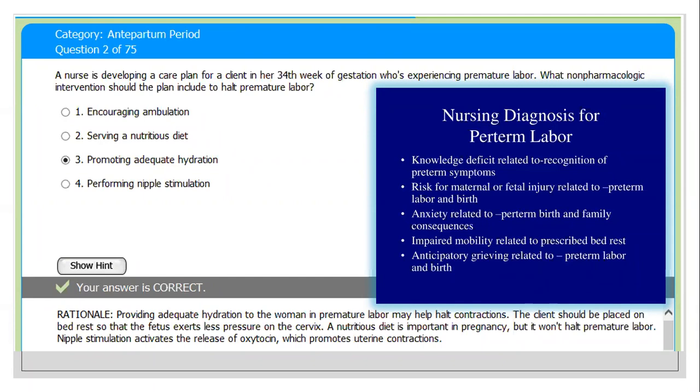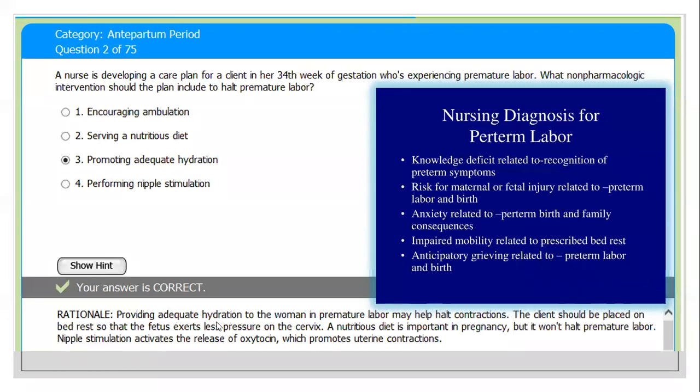The earlier premature birth happens, the greater the health risks for your baby. Many preterm babies need special care in the neonatal intensive care unit.